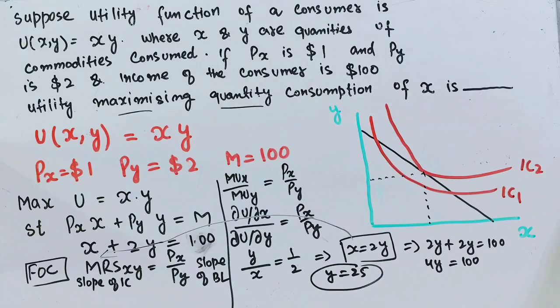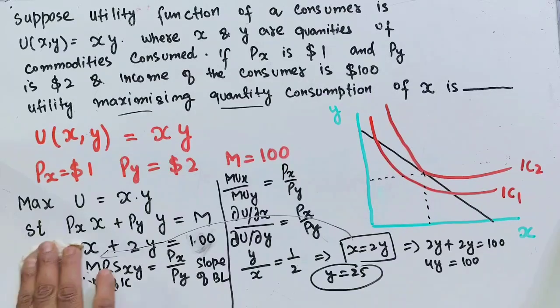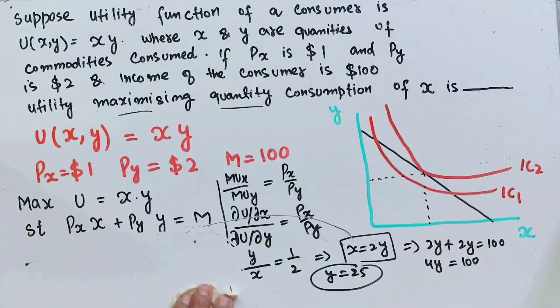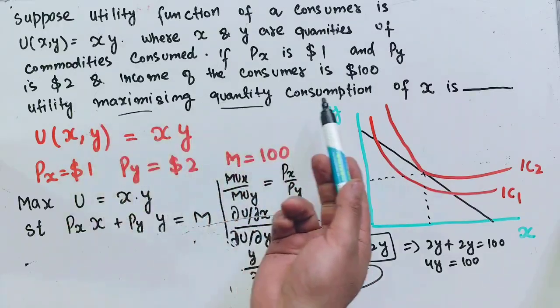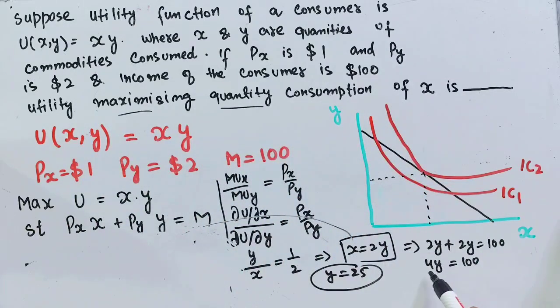But we are supposed to find out the value of x, the utility maximizing quantity of x. So plug y equal to 25 into this equation.